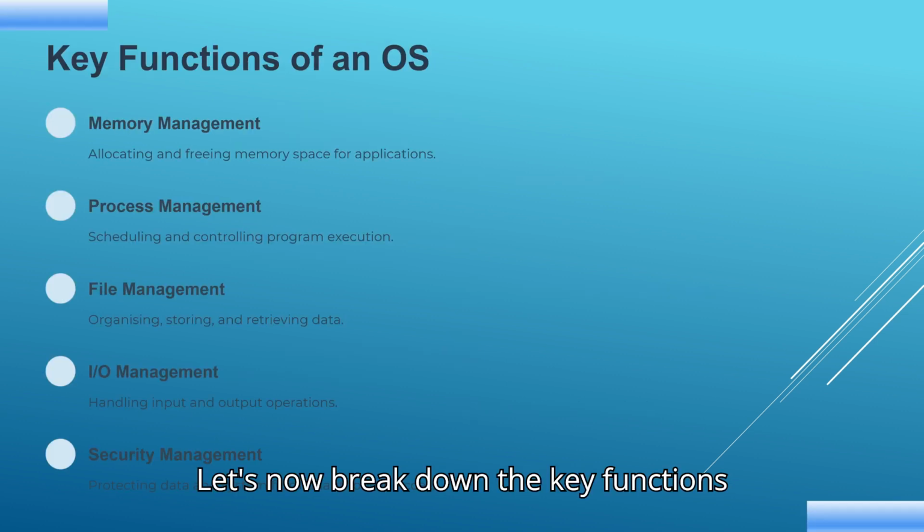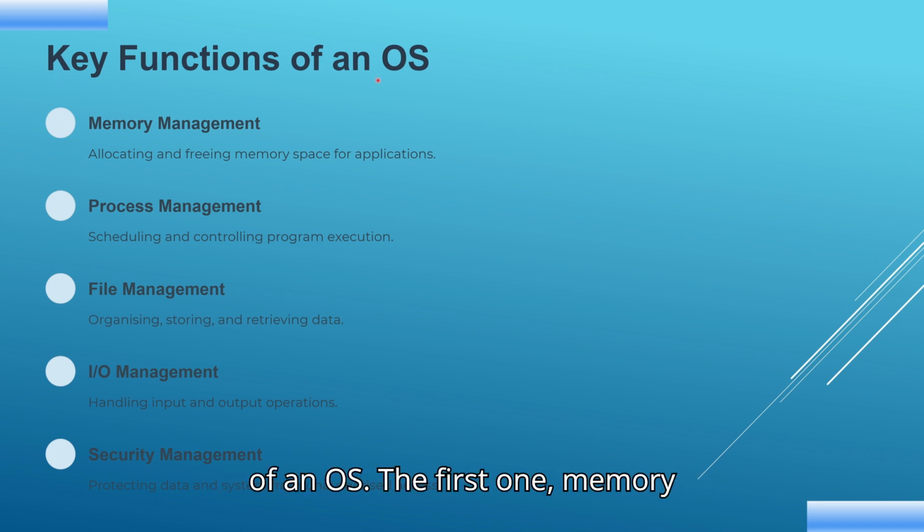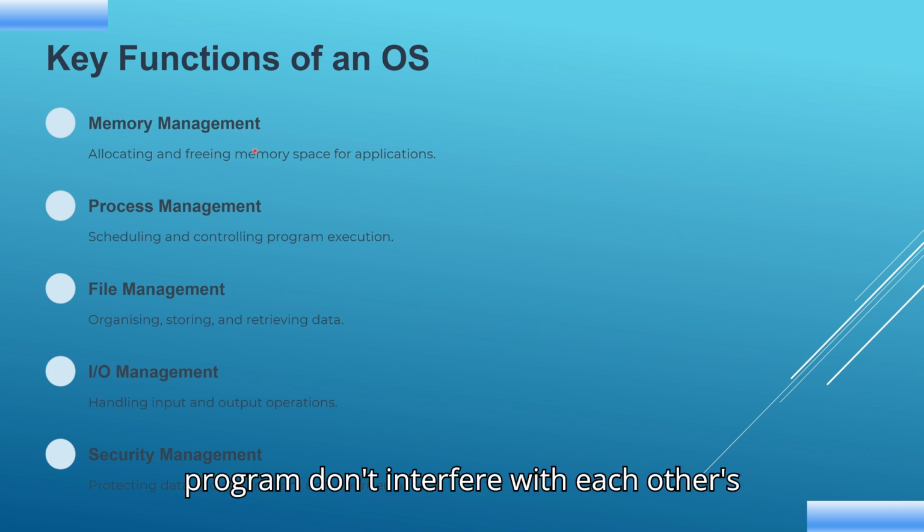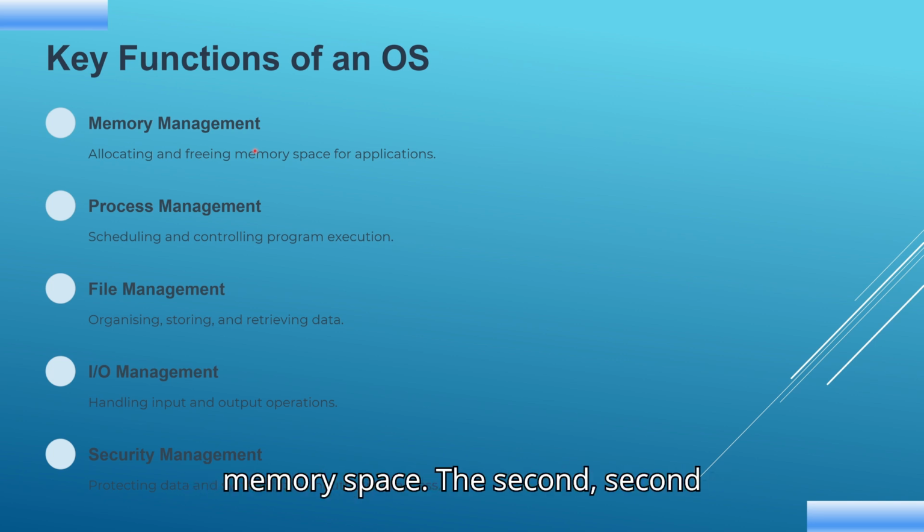Let's now break down the key functions of an OS. The first one, memory management. It ensures programs don't interfere with each other's memory space. The second, process management. It is responsible for executing programs and managing their life cycles. The third, file management.